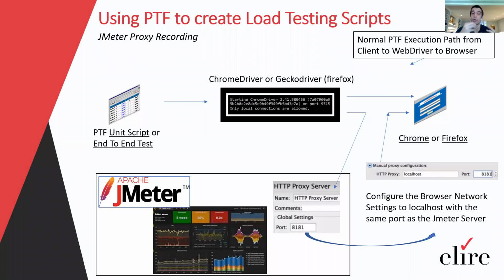And when you execute your PTF script, it goes through its normal path, where the PTF script at runtime calls the web driver, so Chrome driver or Gecko driver for Firefox. And before it hits the browser, it goes through the proxy and records a functional test within the load testing tool.